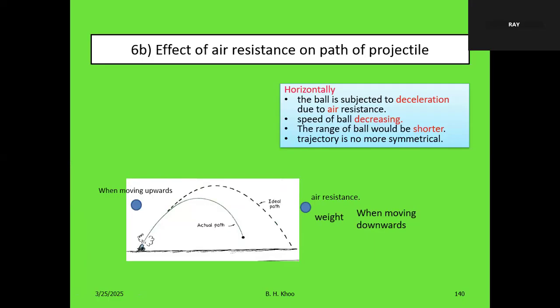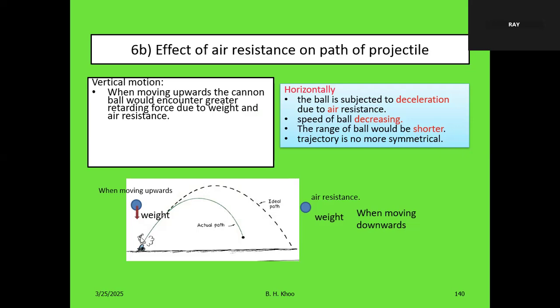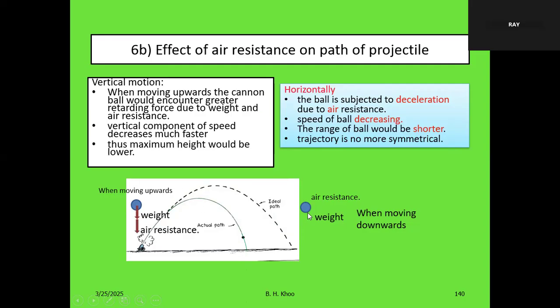Right? Effect of air resistance. Right? Vertical height is lower because vertical motion there is more resistance, more deceleration. And when it comes down, right?